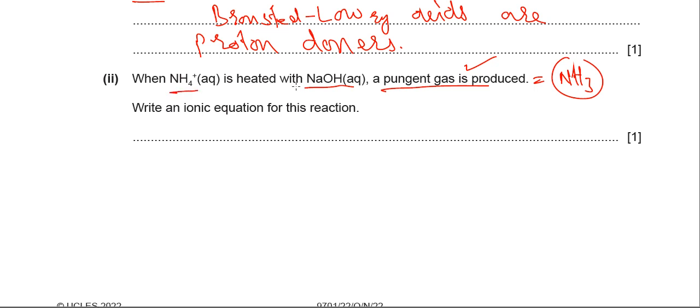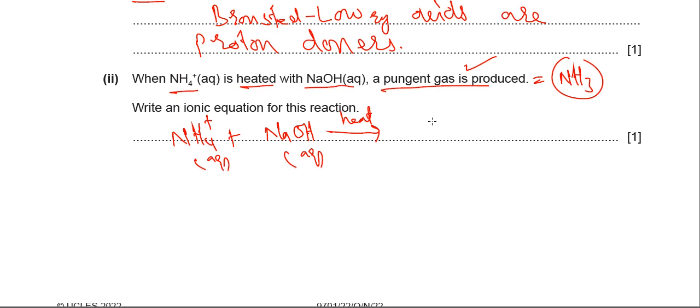He says that they are reacted together. So we have ammonium ion aqueous plus sodium hydroxide NaOH aqueous. When they react with each other we need heat, as is clearly mentioned that it is heated. So these are the reactants already advised in this statement.